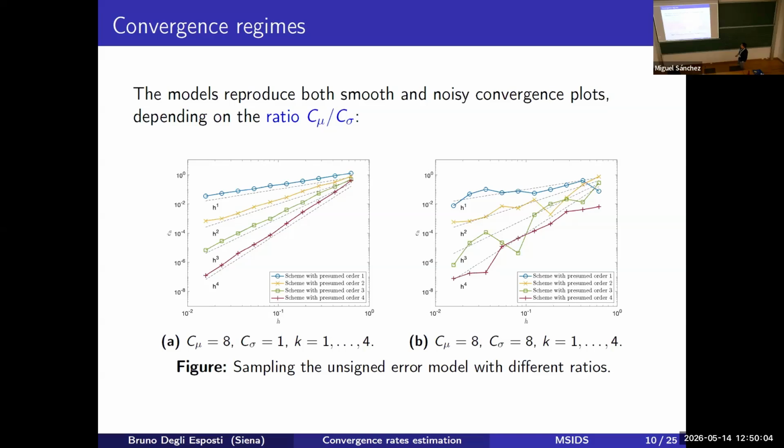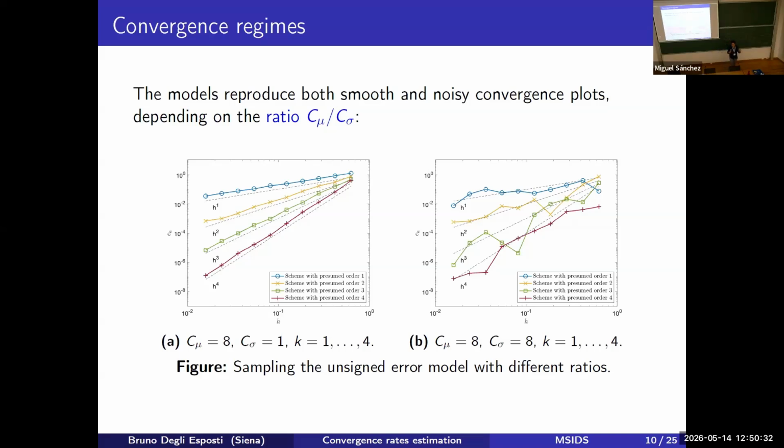And the model reproduces the smooth and noisy convergence behavior depending on the ratio of C mu and C sigma, those two constants. In the left case, we have the smooth regime, and I sampled the random variables with C mu equal 8 and C sigma equal 1.